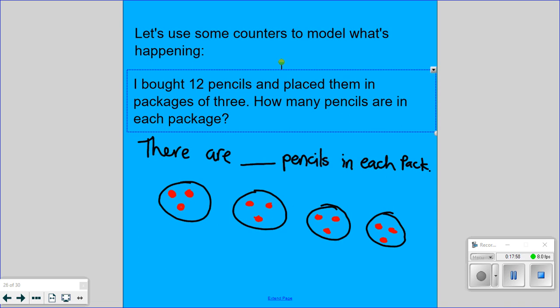There are how many pencils in each pack? How many pencils are in each pack? How many pencils are in each group? I could use the word group instead of pack.